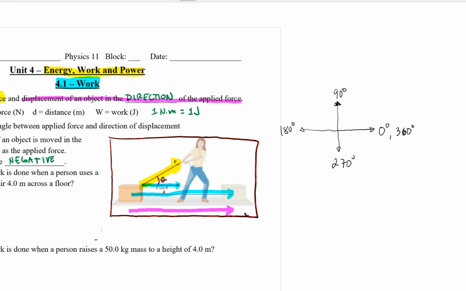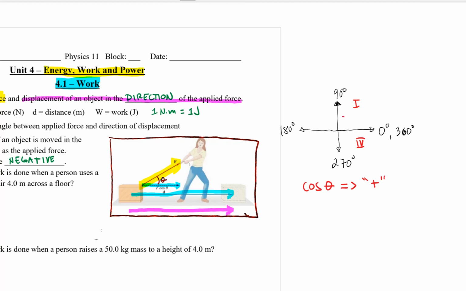In the first quadrant and the fourth quadrant, if you examine your cosine theta there, cosine theta is positive.